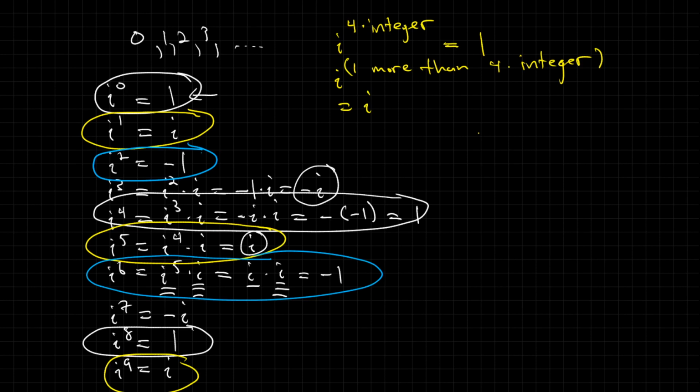So i squared is 2 more than 0. i to the 6th is 2 more than 4. If we did i to the 10th, that's 2 more than 8. We would get i again. Excuse me, we wouldn't get i, we would get negative 1. That's the pattern that we have. So if you have i to a power which is 2 more than 4 times an integer, then that's going to be negative 1.